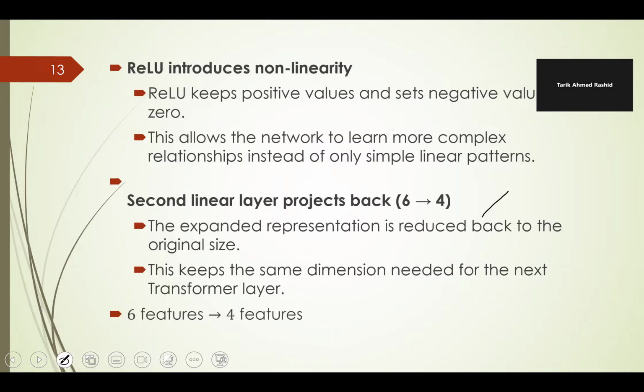The second layer, which is the second hidden layer, brings back from the 6 features that came from the first hidden layer to 4 features, so that it can be aligned with the other layers of the transformer. For example, we need an output of the original dimension, and that's why we got 4 features.